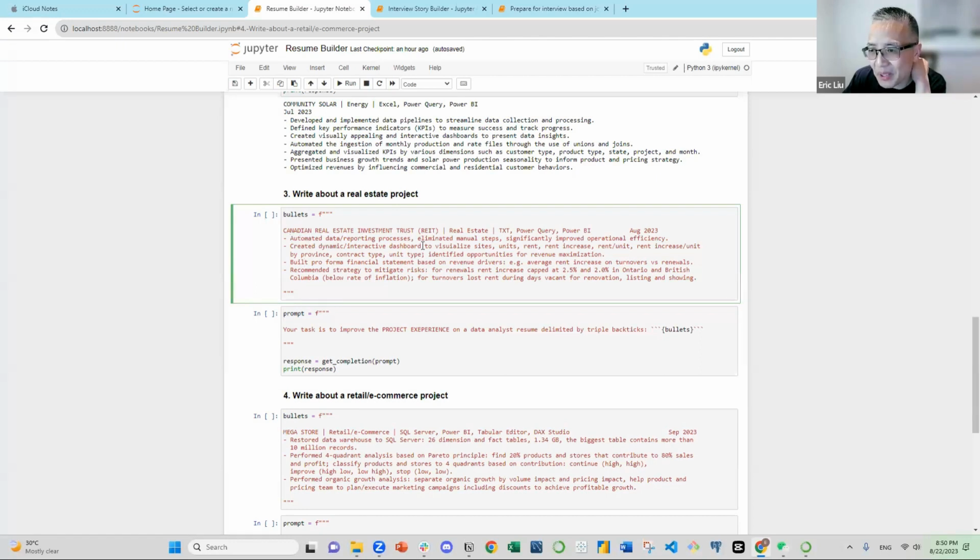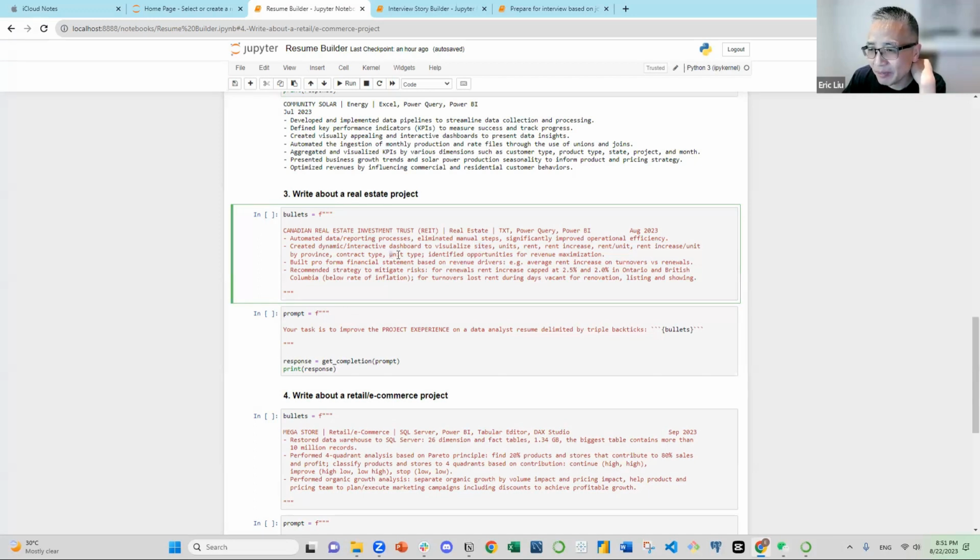Automated data reporting process, eliminated manual steps, significantly improved operational efficiency, created dynamic interactive dashboard to visualize sites. So it's quite specific. These are sites or maybe buildings, units, rent increase, rent per unit, and rent increase per unit by province, by contract type, unit type.